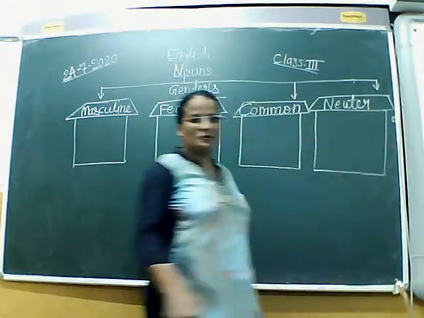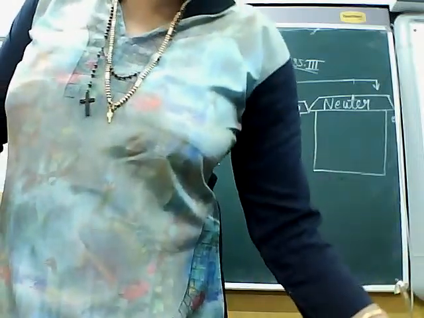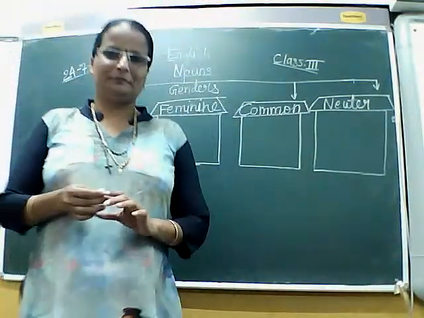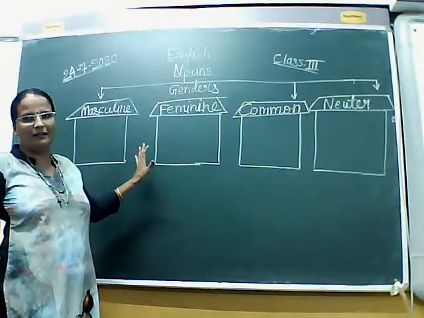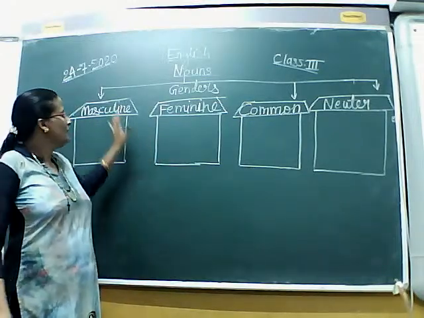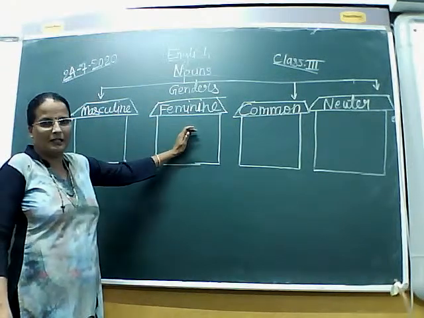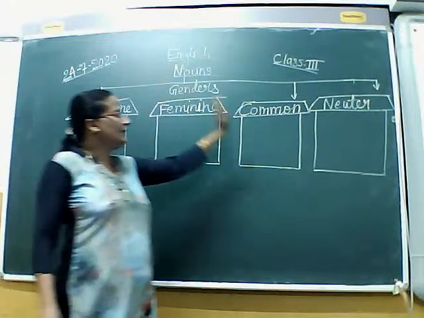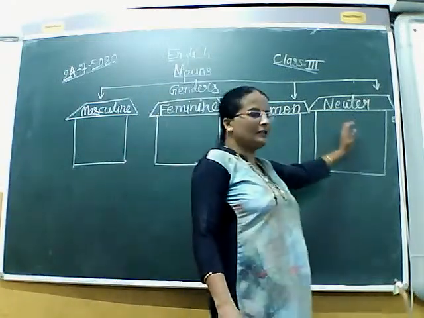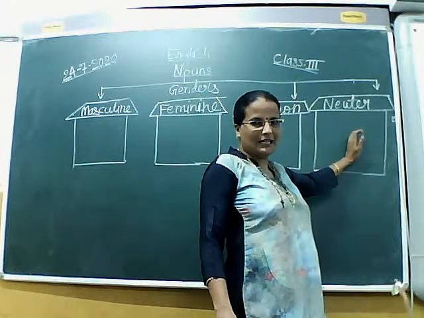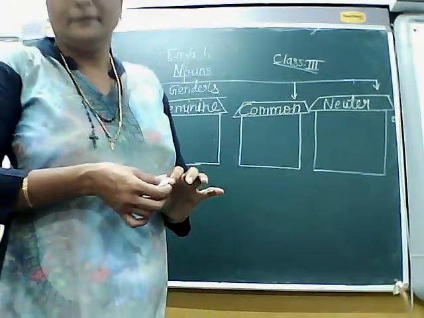The name of this new house is neuter house, neuter gender house. So students, if you look at the board, you can see 4 houses. The first house is of masculine gender, second house is of feminine gender, third house is of common gender, and the fourth house is of neuter gender. I hope you can hear me properly, right?